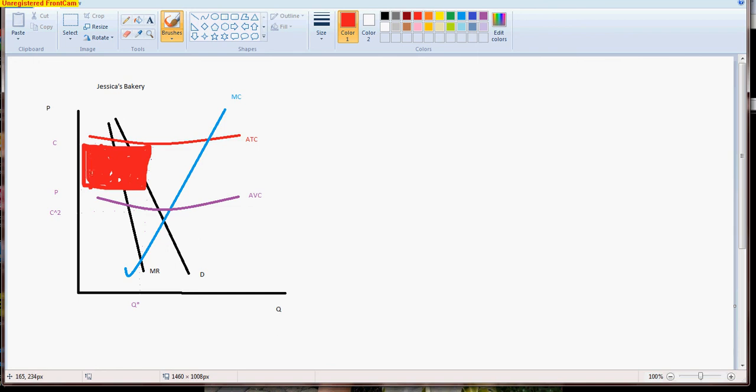This is why I'm a business major and not an art student, because I can't draw. And then I'm going to just show this right here. So your average variable cost is still below right here.